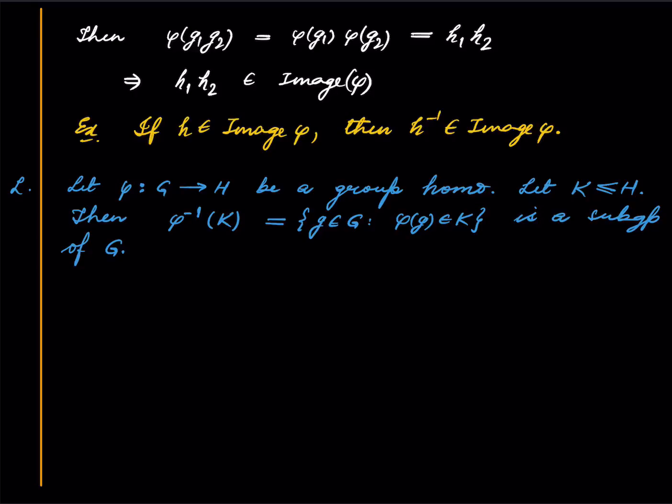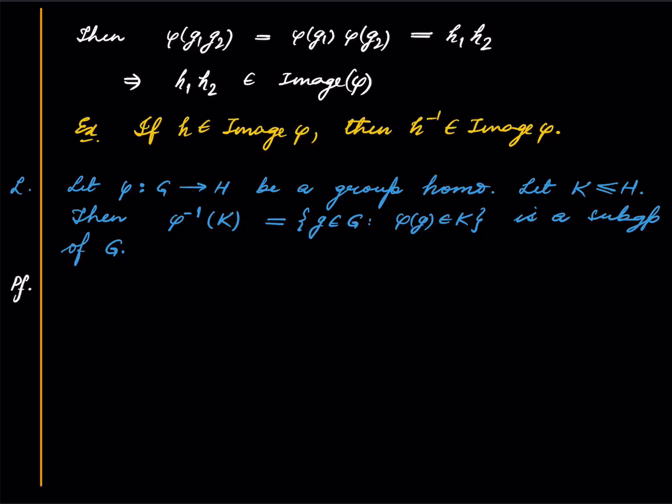It says that if you pull back a subgroup under a homomorphism, you get a subgroup. You had a map from G to H, and there is a particular subgroup here. You pull it back, you take its pre-image under phi. So that thing is a subgroup of the domain group. So that's a nice thing.